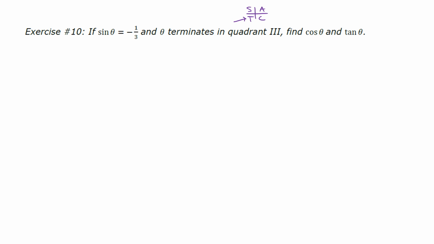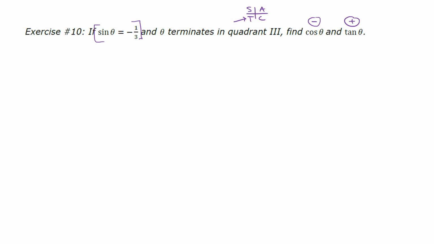So that means our value for cosine is going to be negative and our value for tangent is going to be positive. We know that sine theta equals -1/3. That was given to us.